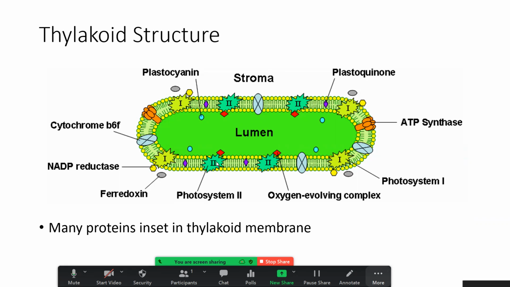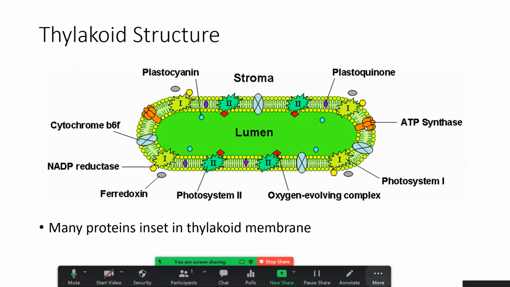We have photosystem 2 and photosystem 1. Those are, again, going to harvest the actual energy from light. We have some proteins that are going to pass electrons around. And then look, we have our old friend ATP synthase, which remember from when we did cellular respiration, ATP synthase is the protein complex that actually makes ATP.